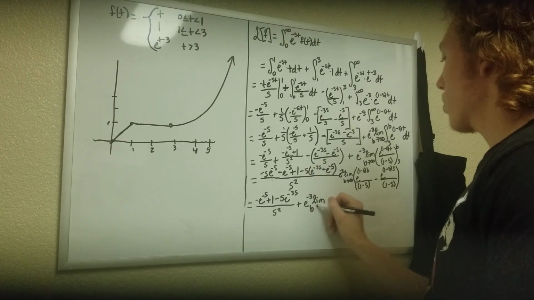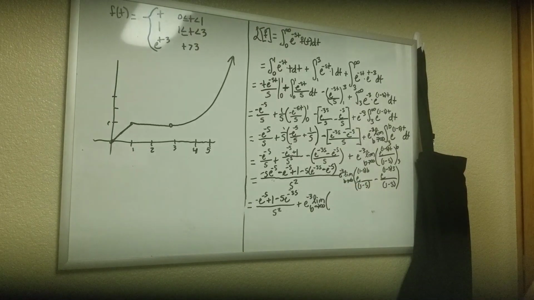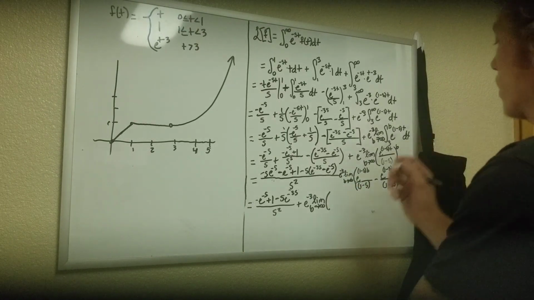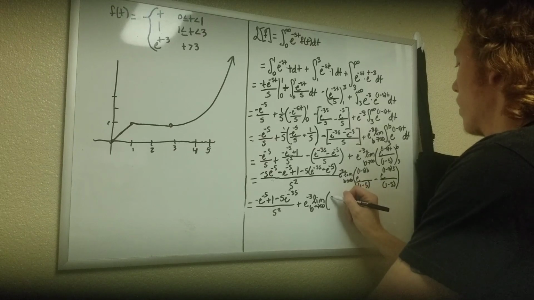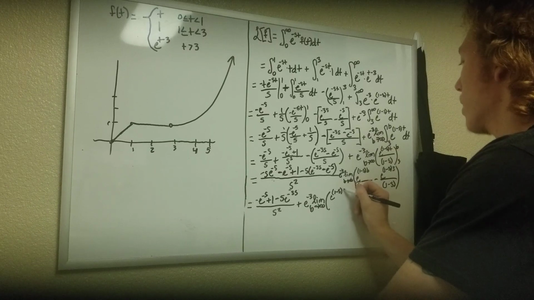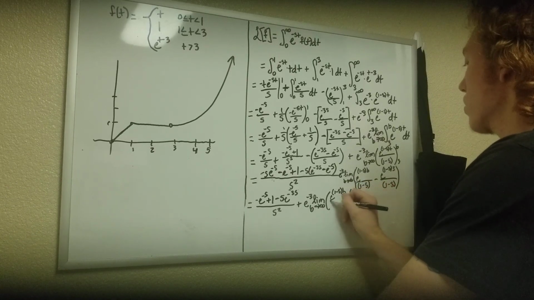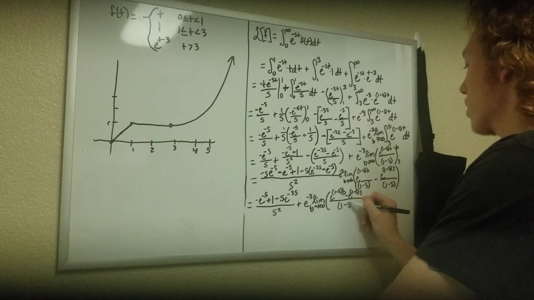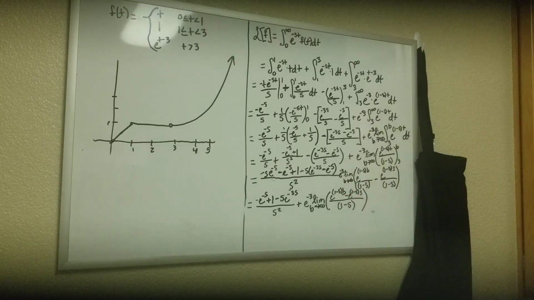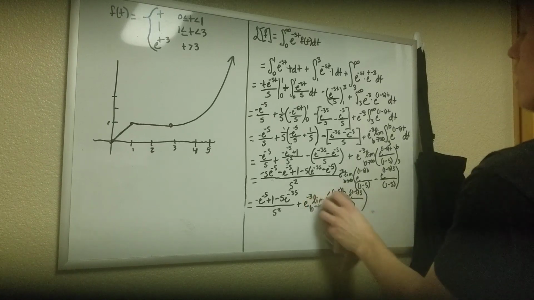Limit as b approaches infinity of e to the 1 minus sb minus e to the 1 minus s times 3 over 1 minus s. In fact, actually, I'm going to back that up.